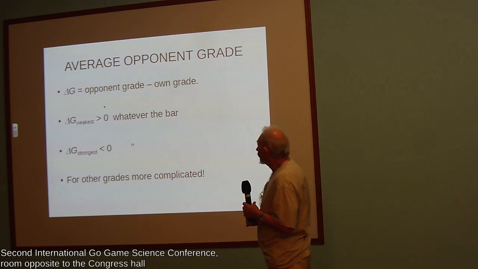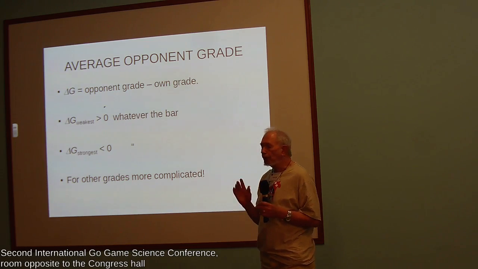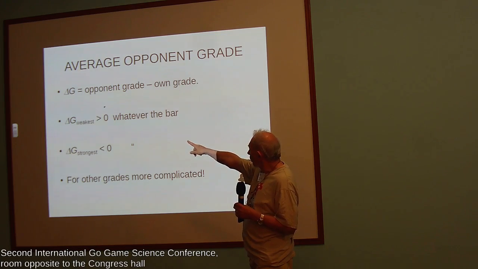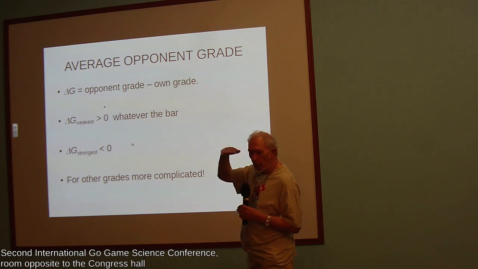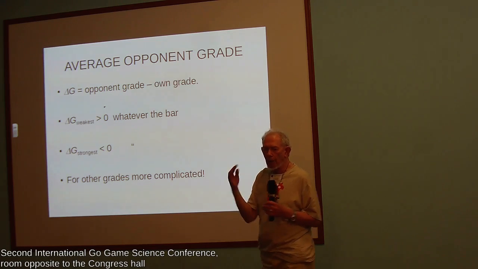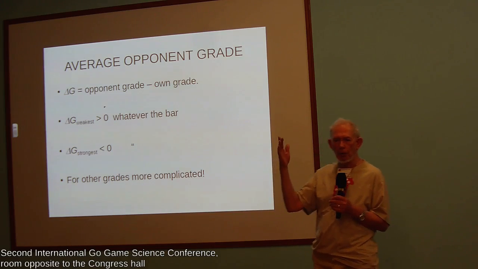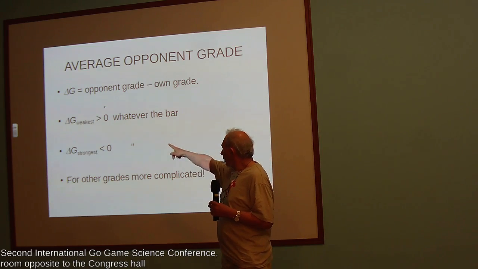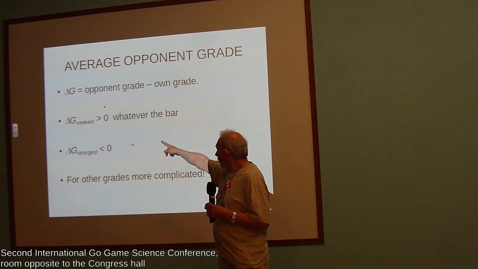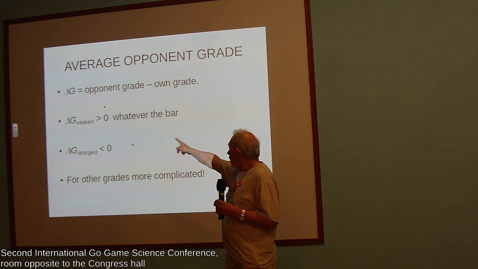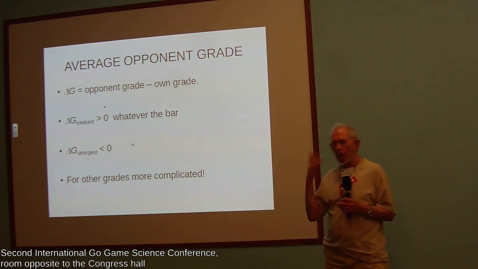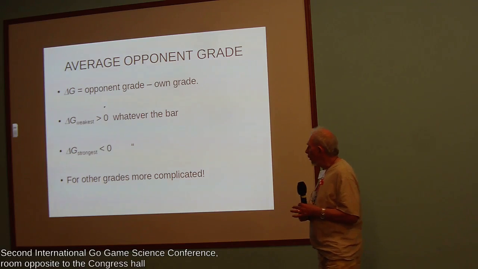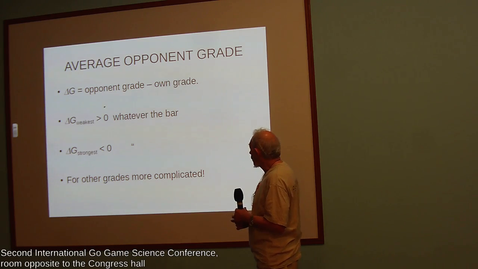And obviously, no matter where you set the bar, the weakest group is always going to be playing other people in the same group or a little bit stronger. So the opponent grade difference is positive, and the strongest player will always be playing either their own or slightly weaker players, so that grade difference is now the other way around.